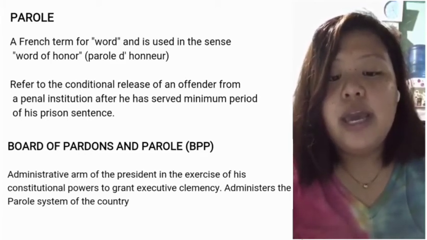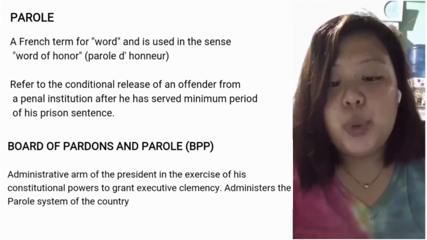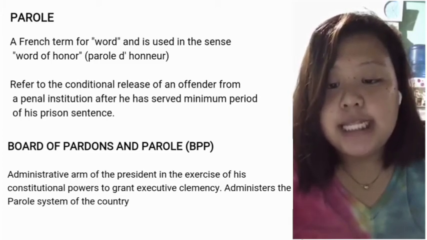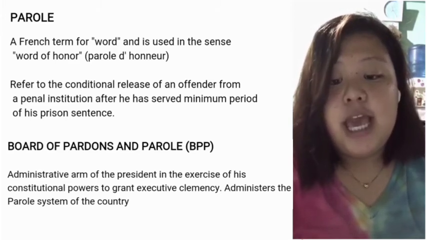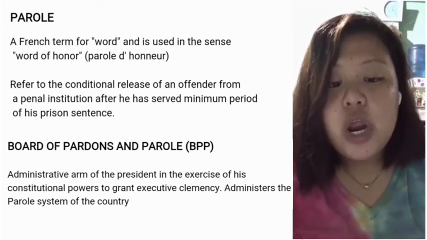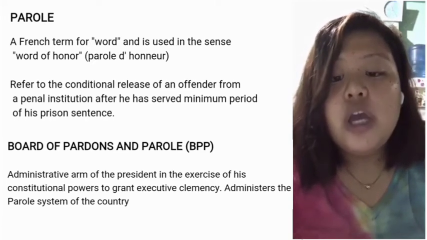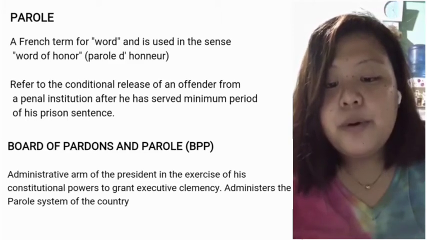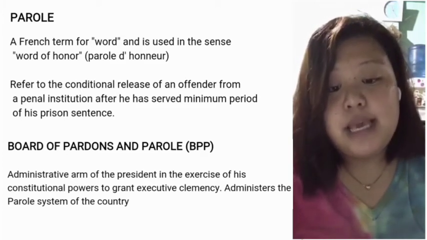It was created by virtue of Act Number 4103 and it's an agency under the DOJ or Department of Justice. It is tasked to uplift and redeem valuable human resources to economic usefulness and to prevent unnecessary and excessive deprivation of personal liberty by way of parole or through clemency.